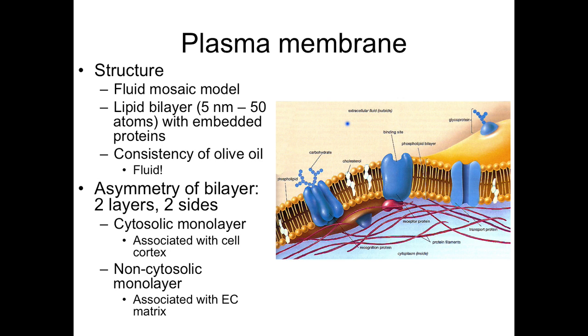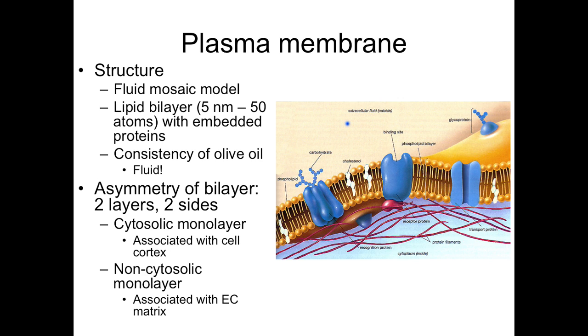And the reason is because the molecules in the membrane are fluid, they're moving. You can think of the plasma membrane as sort of the consistency of olive oil. So it's very viscous, but it is completely liquid.